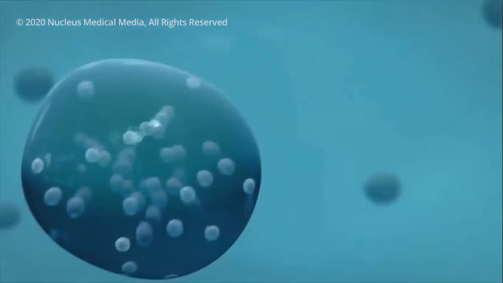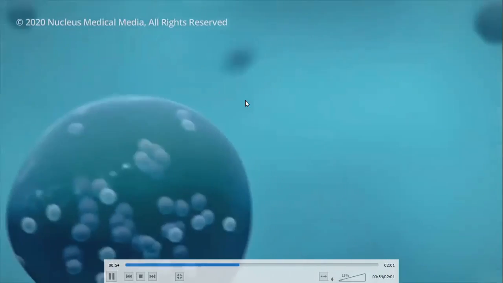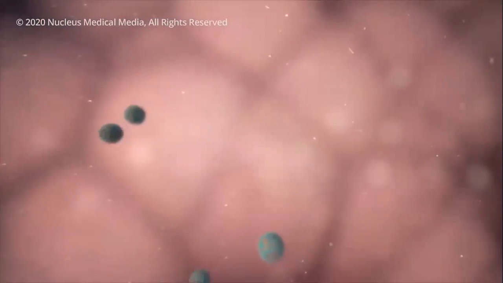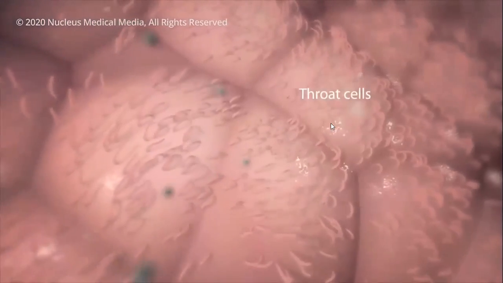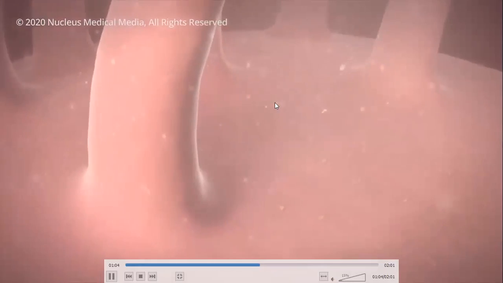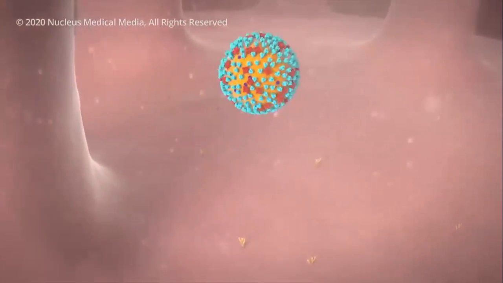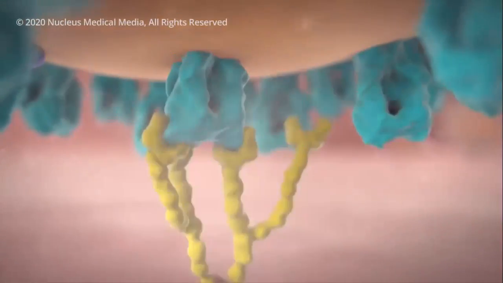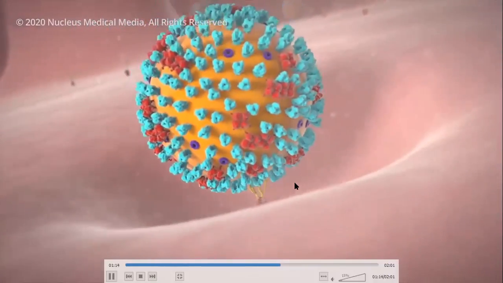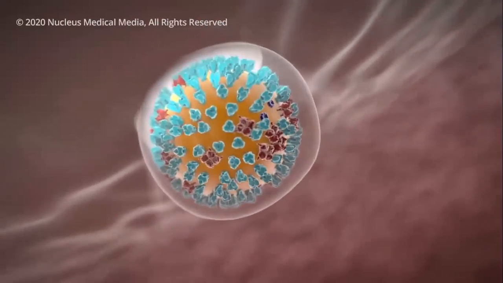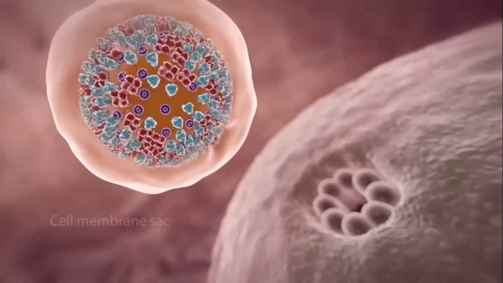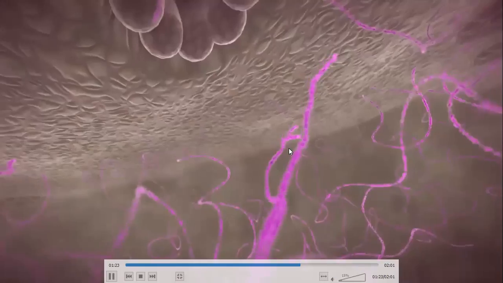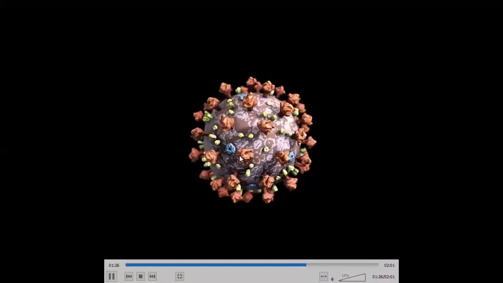Okay, the viruses are released in droplets, and these droplets travel and find a new host. And here is the new host, and they get inside the body, and inside the body we have throat and nose cells, and these cells have a lot of ACE2 receptors. And here comes the receptor, this one, and this receptor will take this virus inside the cell, and this cell membrane sac attaches to the nucleus here.